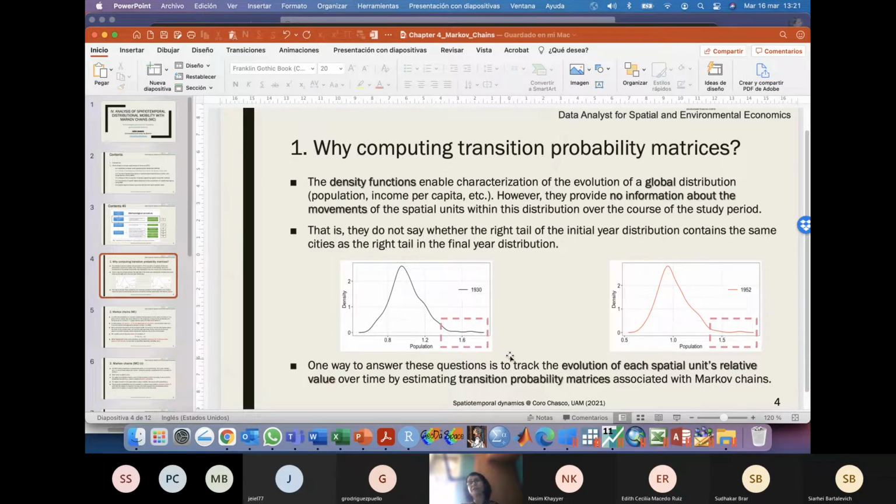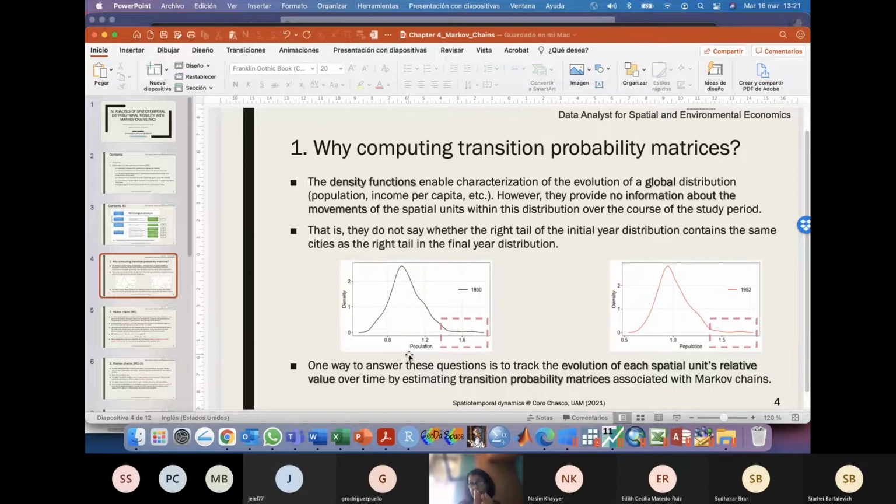This is why Markov chains are necessary, to know if these parts of the kernel, we can divide the kernel, discretize the kernel into quantiles. They could be quartiles, 4 parts, quintiles, 5 parts, sextiles, 6 parts, and so on and so forth.